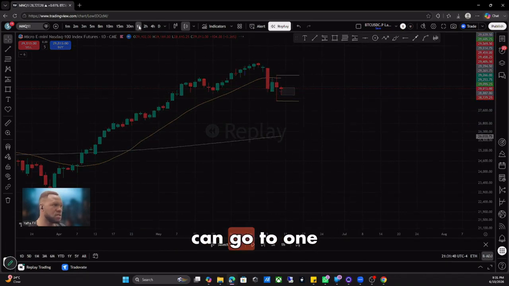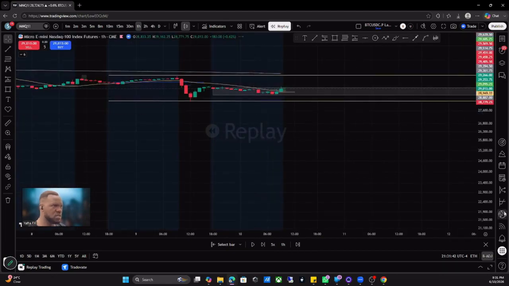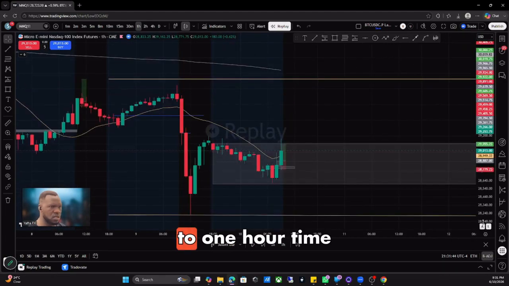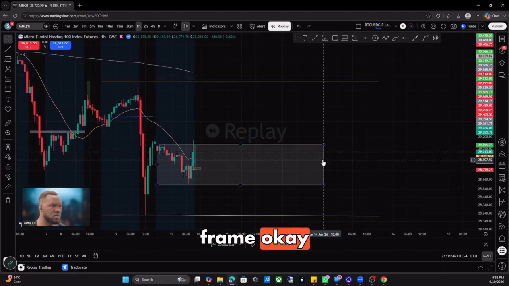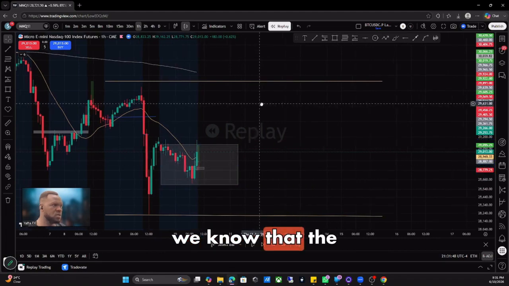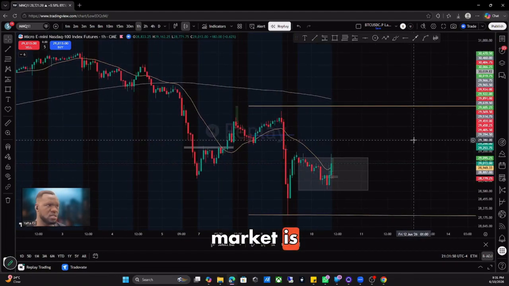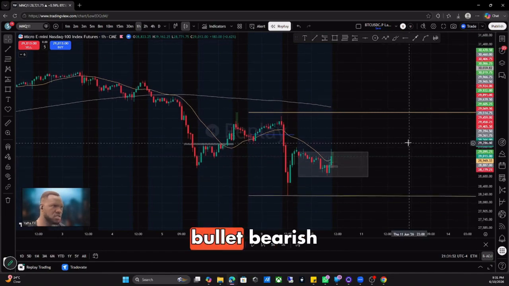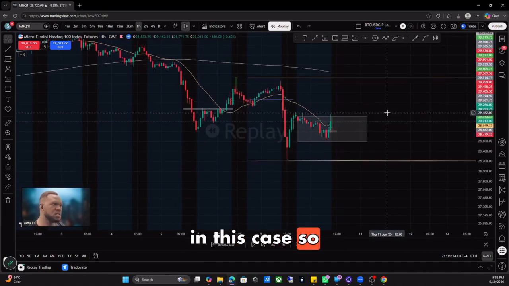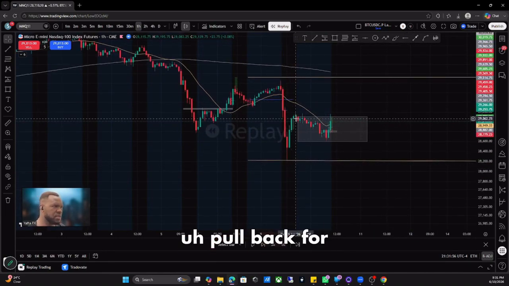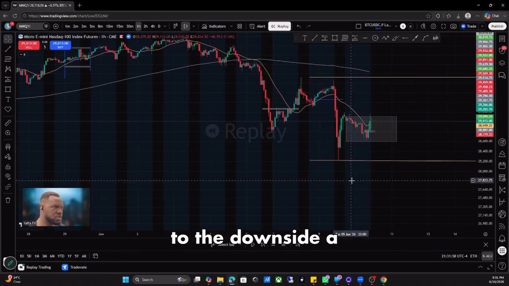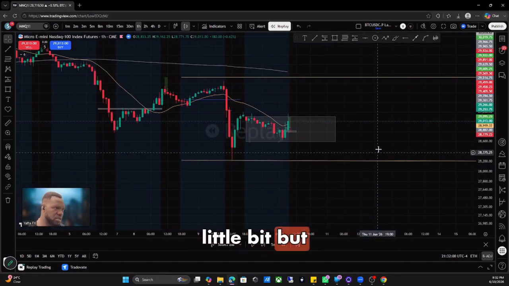Then in this case you can go to the 1 hour time frame. Okay, so we know that the market is bearish in this case, so most likely this pullback is for the market to continue to the downside for a little bit.